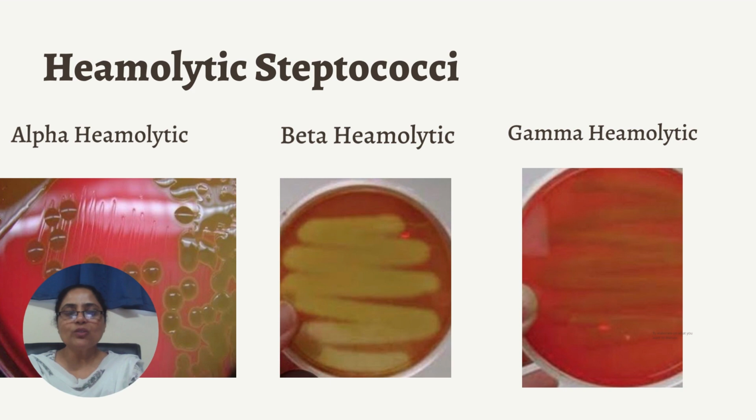Beta hemolysis, you can see complete hemolysis, that means all red color is replaced by hemolysis around the colonies, and here you can see the colonies. And gamma hemolytic, no change, as the colonies are there, no hemolysis is produced, so you will see similar color, there is a distinction where colonies are growing but no discoloration has occurred. So this is gamma hemolytic streptococci.